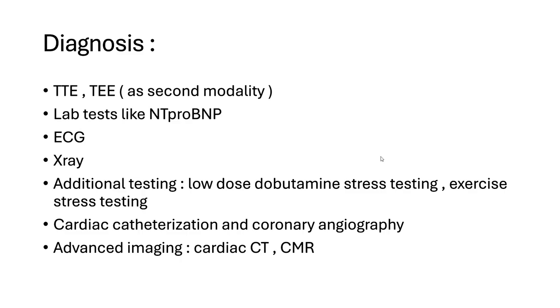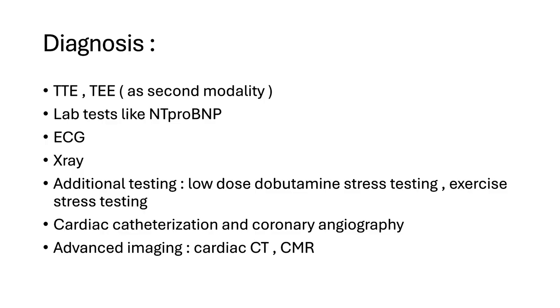Now for diagnosis, transthoracic echocardiography is the first modality of diagnosis. We can use transesophageal echocardiography if the images that we obtained were not so clear. Along with echocardiography, lab tests like NT-proBNP level can help us detect heart failure, ECG to detect signs of left ventricular hypertrophy or the presence of arrhythmias, and X-ray to detect pulmonary edema if we suspect it.